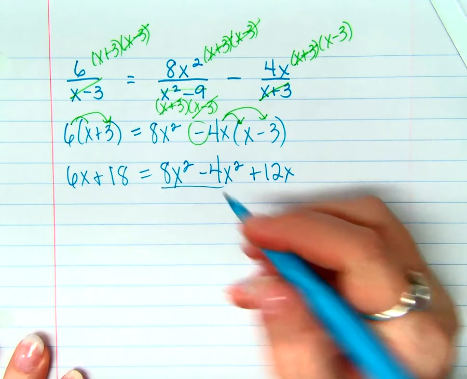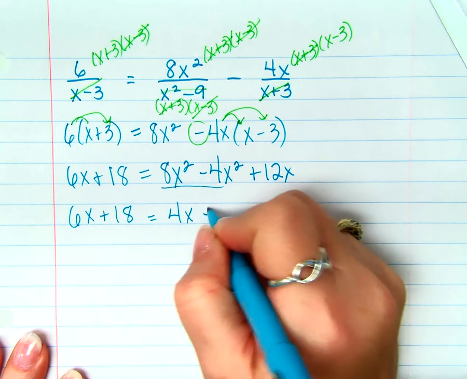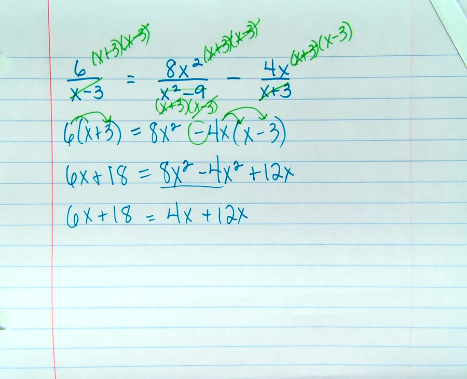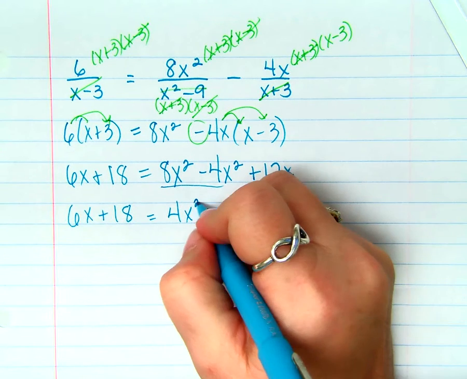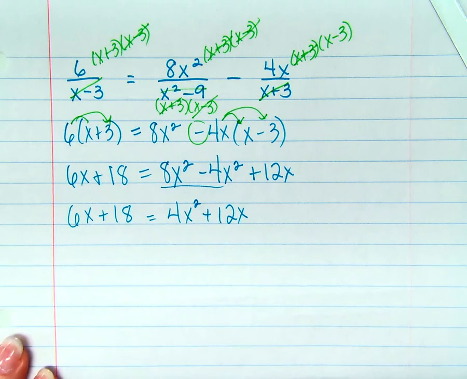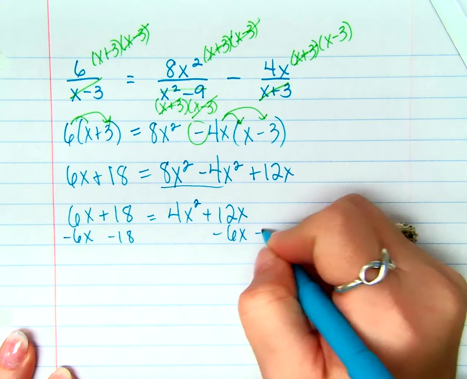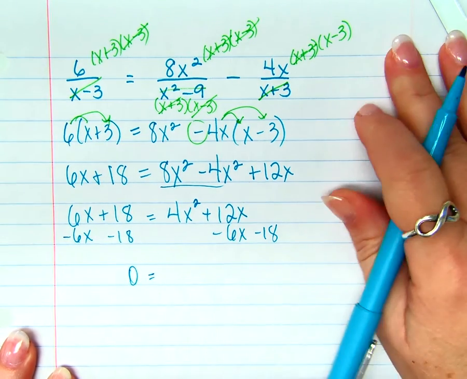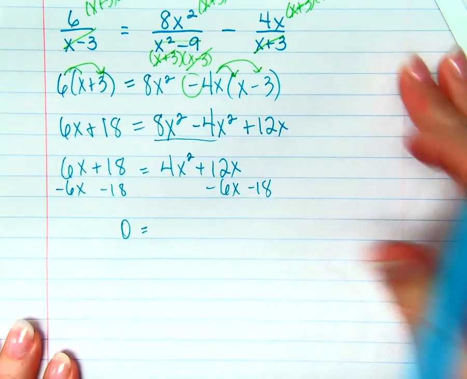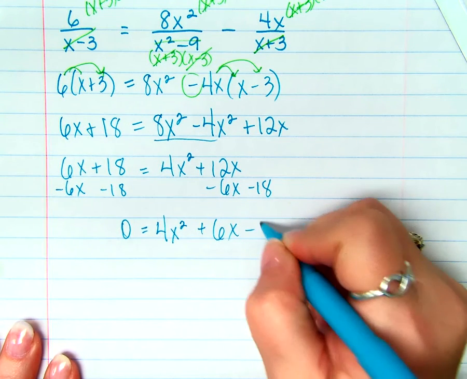Combine those two. 6x plus 18 equals 4x squared plus 12x. Oops, I forgot my squared. Sorry about that. So if I subtract 6x from both sides and subtract 18 from both sides, that'll get me equal to 0, which I need because it's a quadratic. 4x squared plus 6x minus 18.